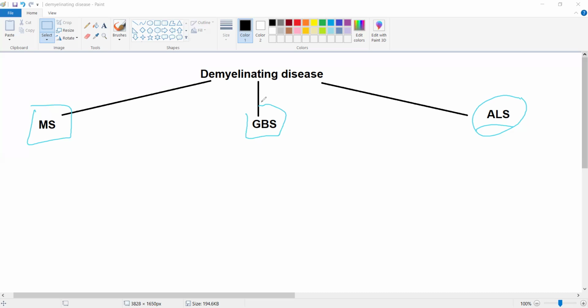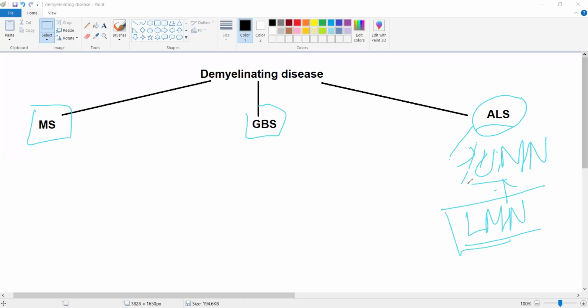It is a combination of upper motor plus lower motor neuron disorder. Okay, let's move toward multiple sclerosis.